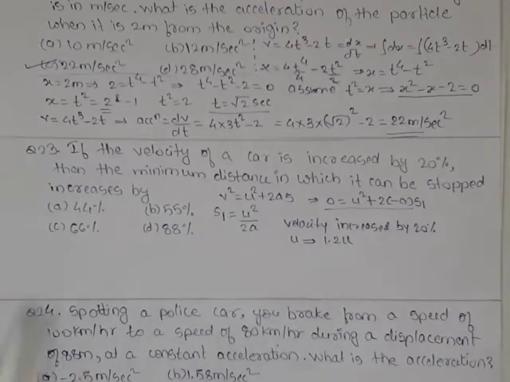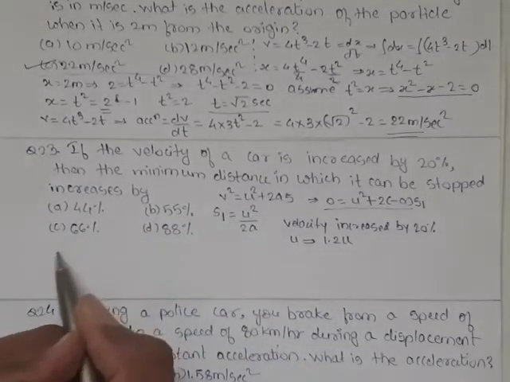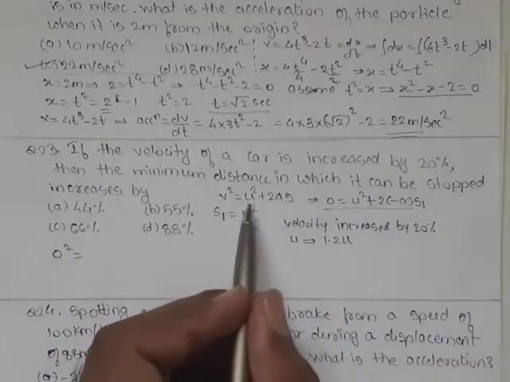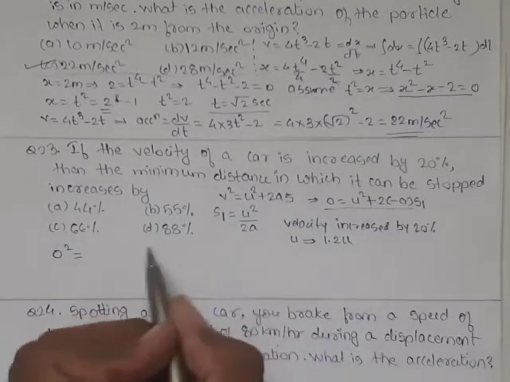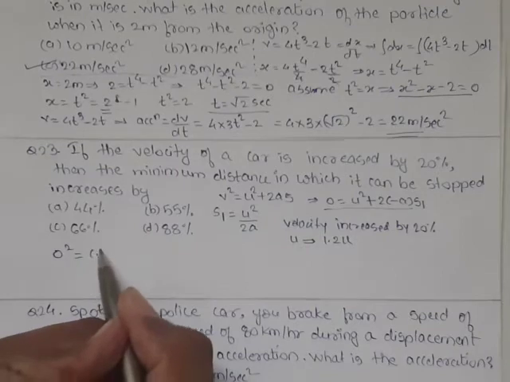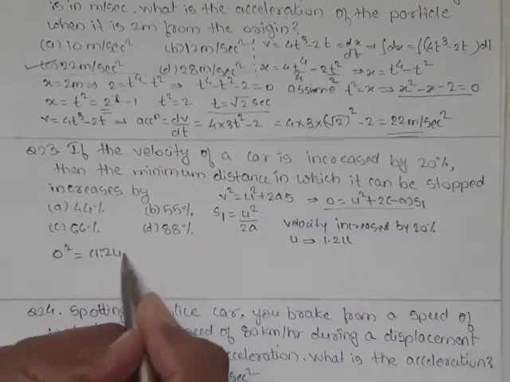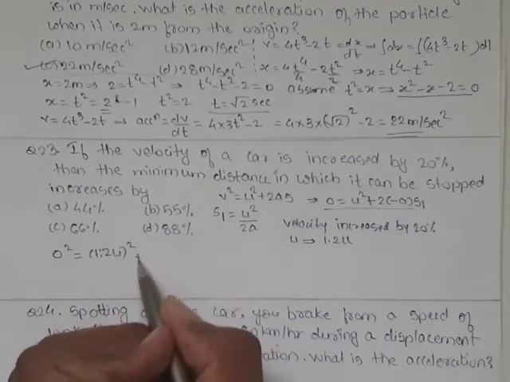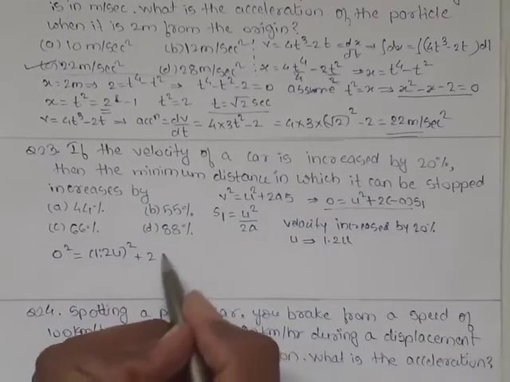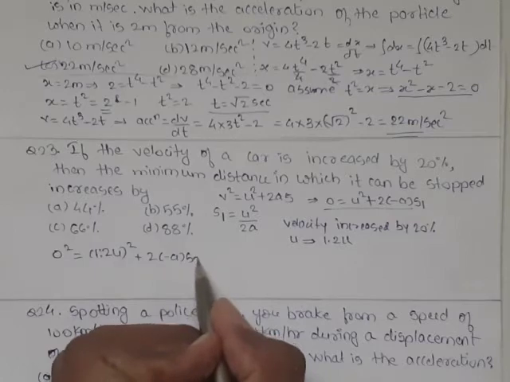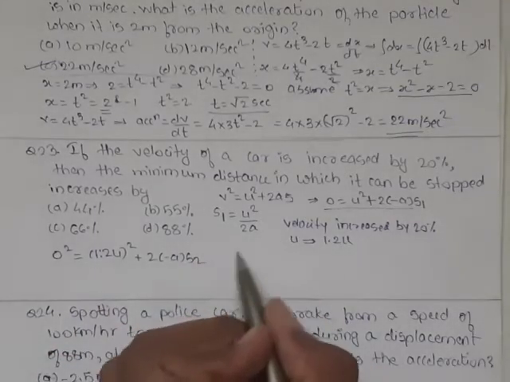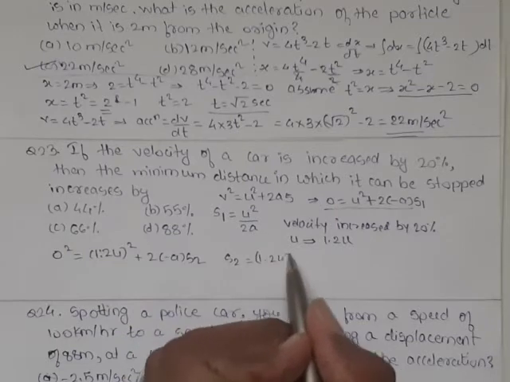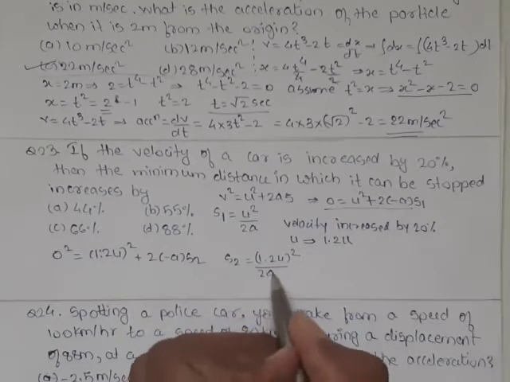So again we'll use this kinematical equation. Final velocity has to remain 0, equals to, instead of u square, now we have to put 1.2 u bracket square plus 2 into minus a s2, or s2 is equal to 1.2 u bracket square upon 2a.